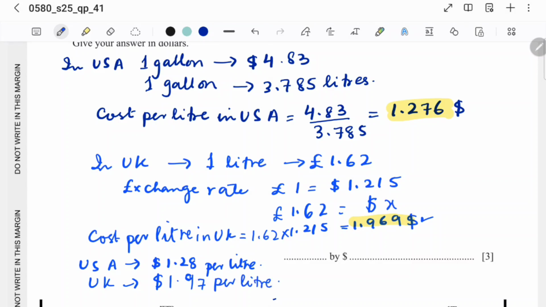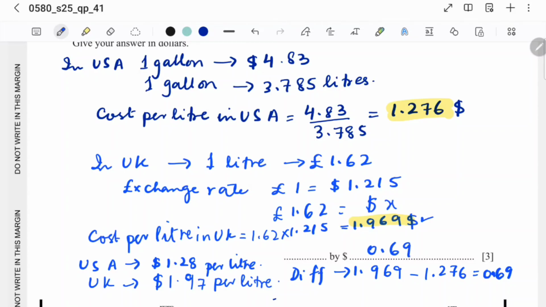Subtract to get the difference: 1.969 minus 1.276 is equal to 0.693, or you can write 0.69 as the difference.